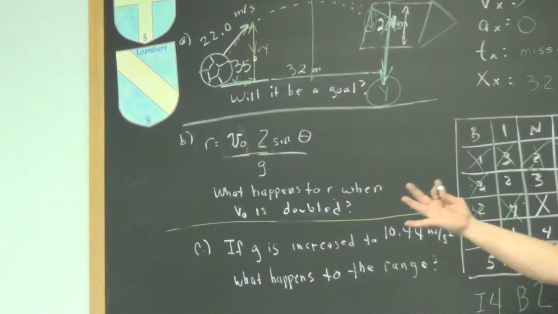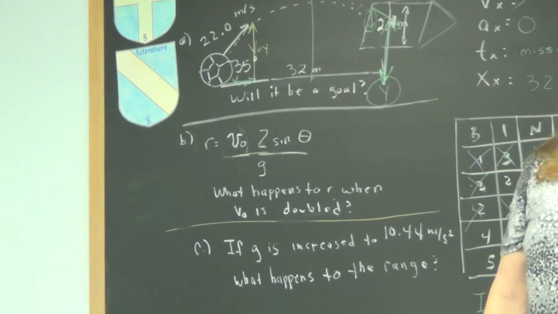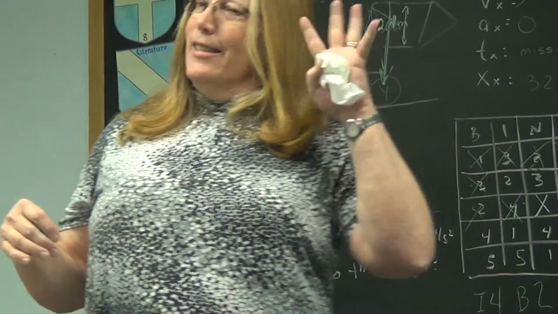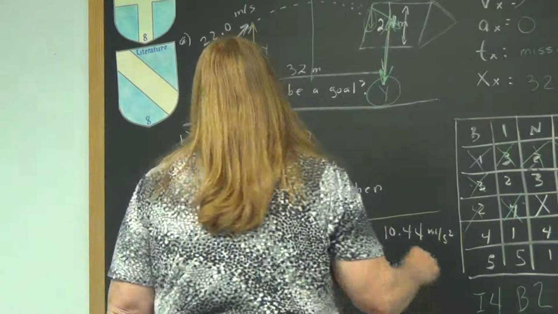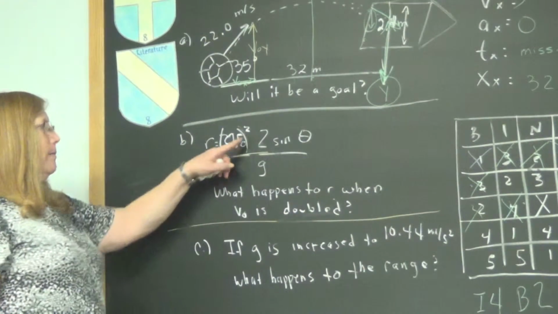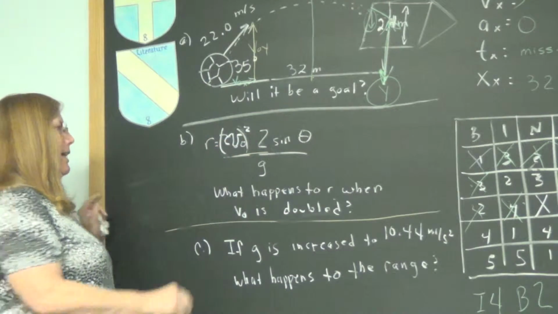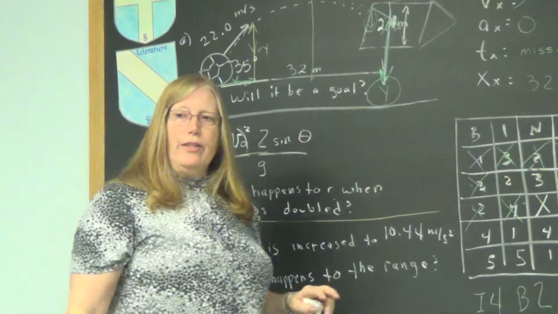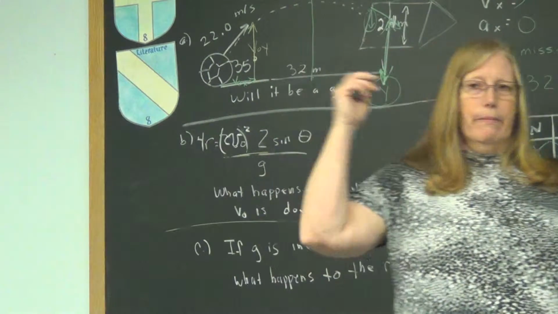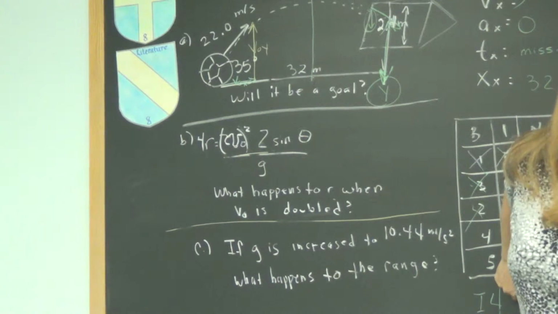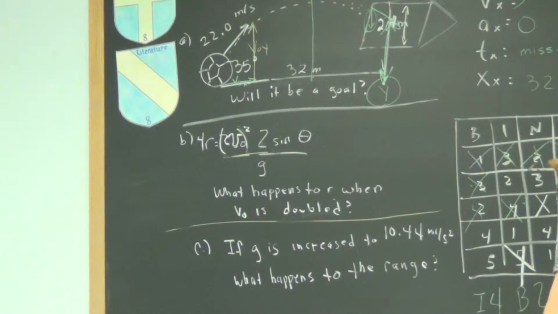The answer is, the range is increased by a factor of 4. Because when you put the 2 in here, it is then squared, because the equation squares it, and we get a 4 on this side. So the answer is, the range increases by a factor of 4. All right. If you did that, you can cross out I-5.